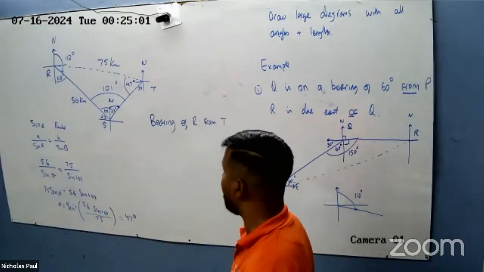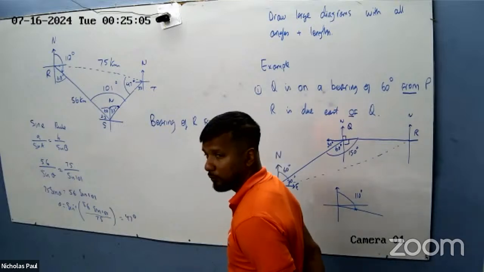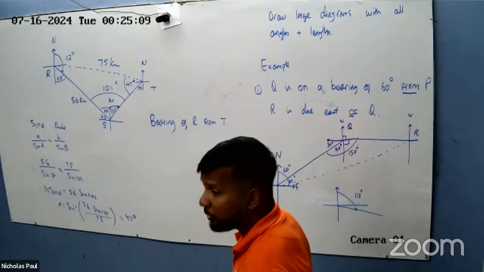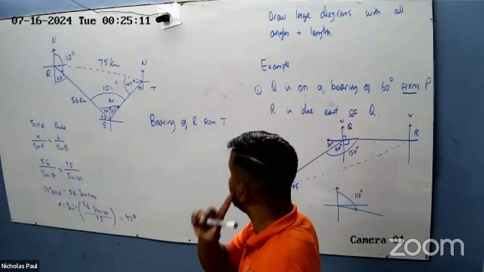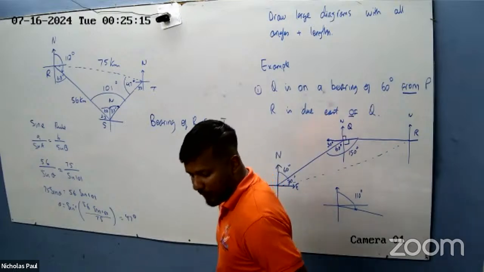Where are we starting? From T, right? So I want the bearing from T all the way to R. Look at the diagram, tell me what you got.